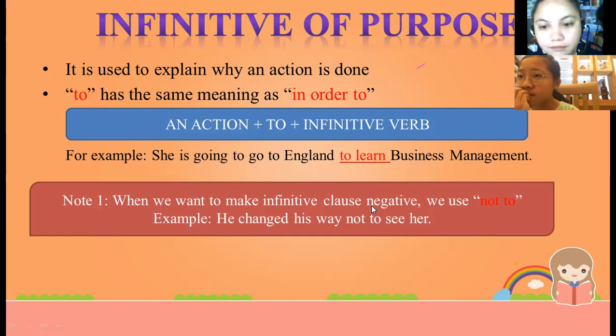You make a sentence using not to. Do you have any idea?